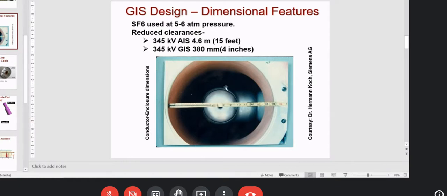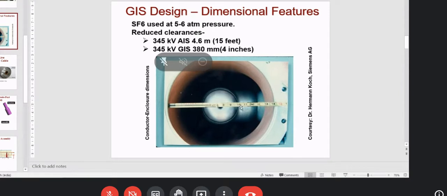And this is an actual photograph of a GIS. On top you can see it is a 345 kV GIS. Now there is a scale placed here to show you the spacing between the high voltage conductor and the earth conductor.